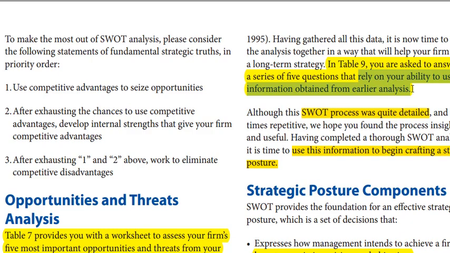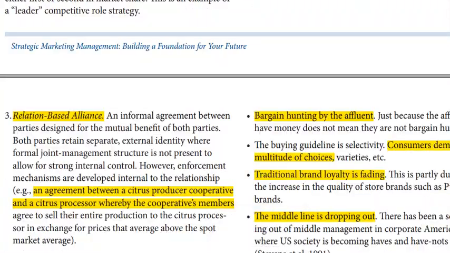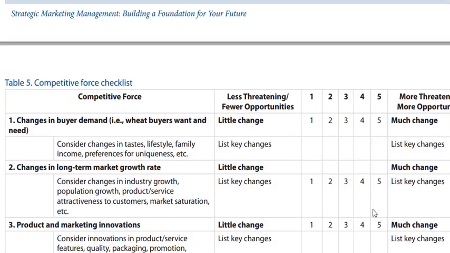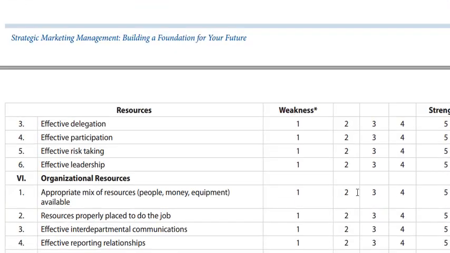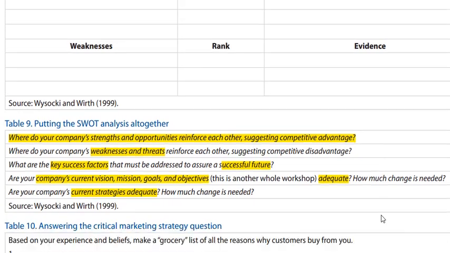We will use the same information to complete table number 9, and table number 9 will tell us about putting these things together. That is SWOT analysis.